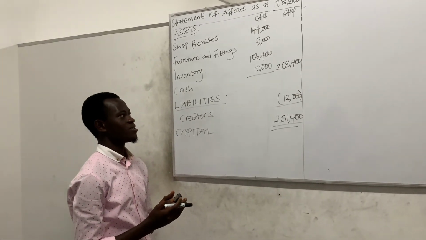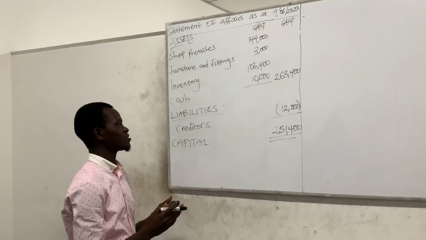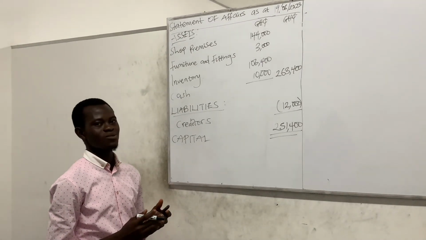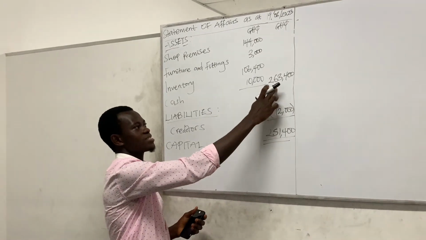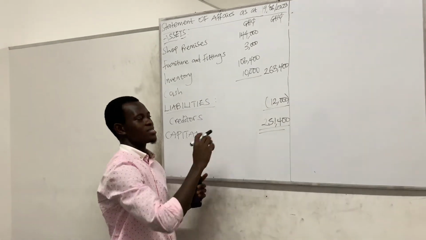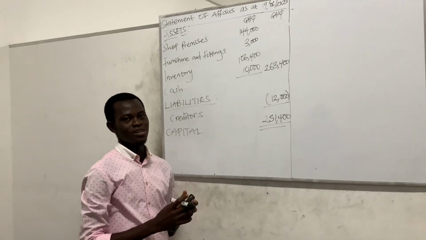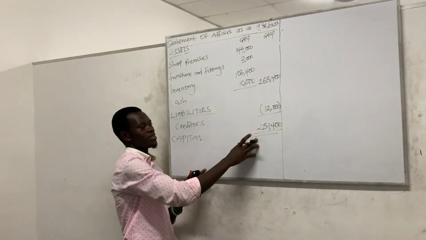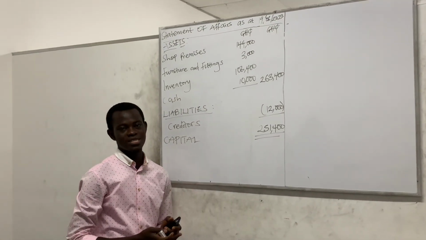The total assets amounted to 263,400. Per the liabilities, we got only one, which is creditors, amounting to 12,000. So we deduct this 12,000 from the 263,400 in order to ascertain the opening capital, which is 251,400. This is the amount that we will transfer into our statement of financial position in our workings.